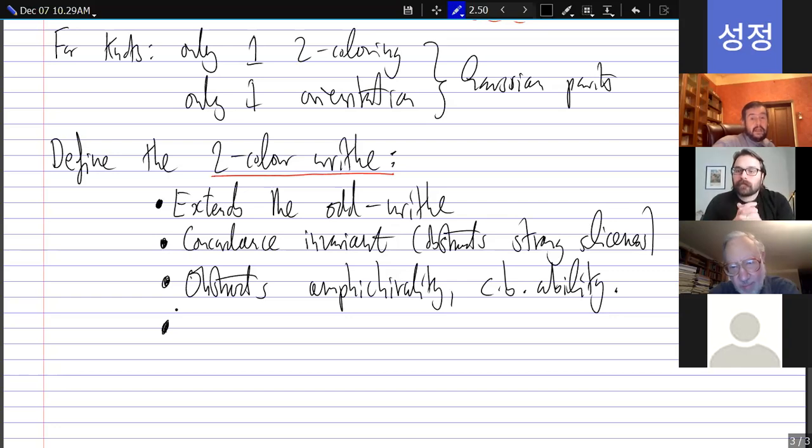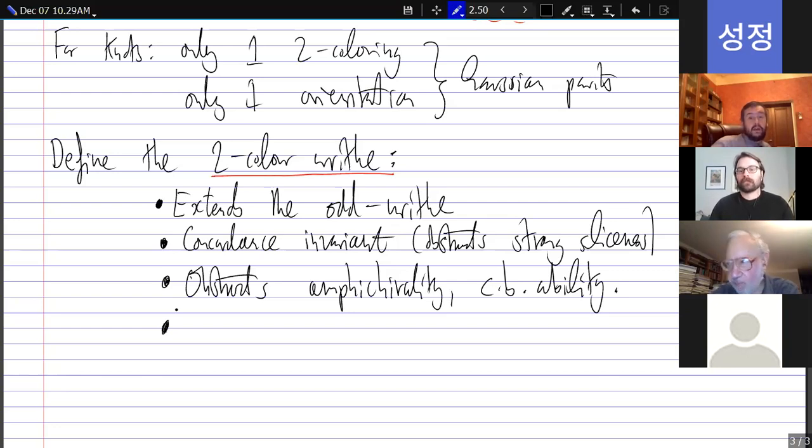And in fact, besides just those signs which come from local writhe numbers, even for free knots, we do have some additional sign. And so if we count odd crossings with signs, we get yet another concordance invariant.